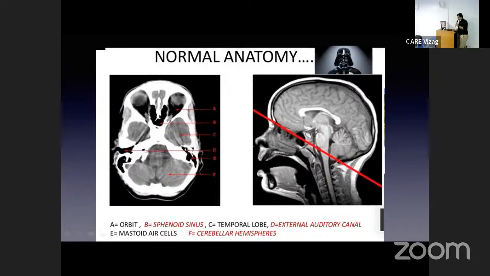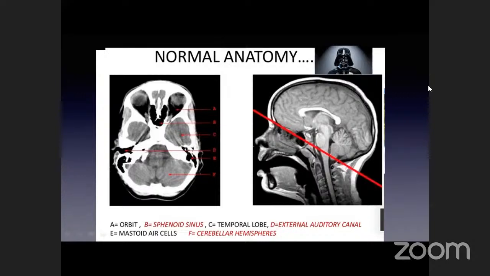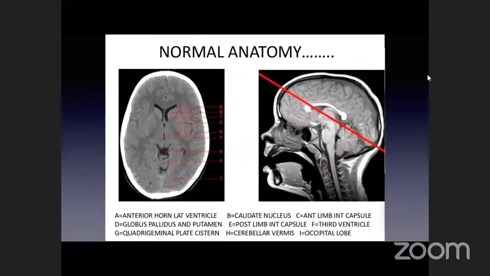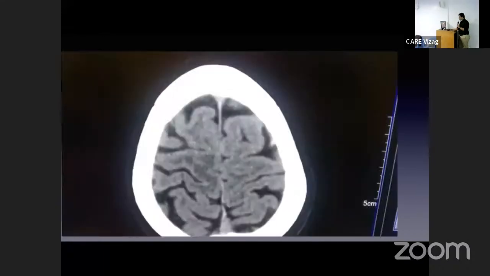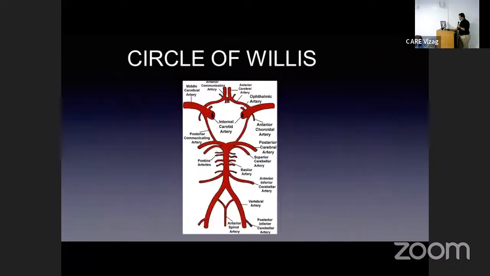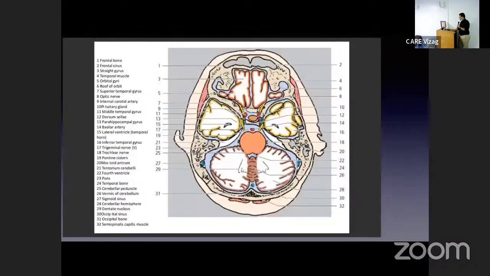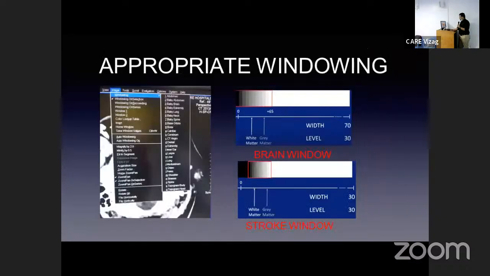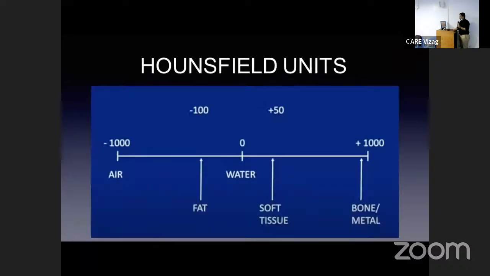Sir, am I audible? Yes, sir. Okay. Now, before I start with the anatomy, I will talk about the Hounsfield unit, which he has mentioned, because it is important when interpreting a CT scan. How do we keep these Hounsfield units in that? Initially, there are HU values ranging from -1000 to +1000.